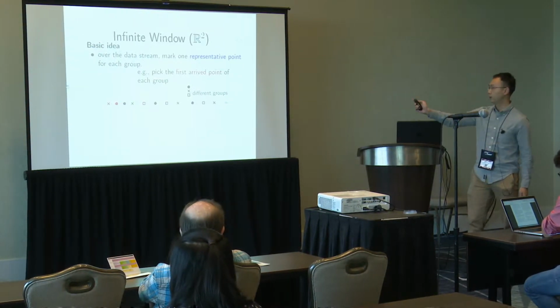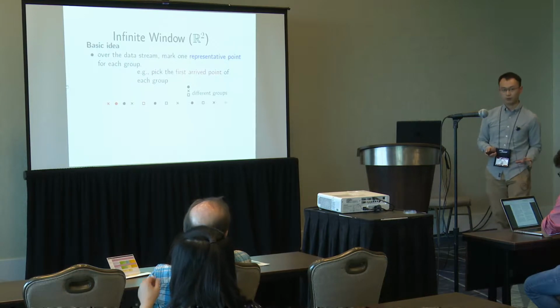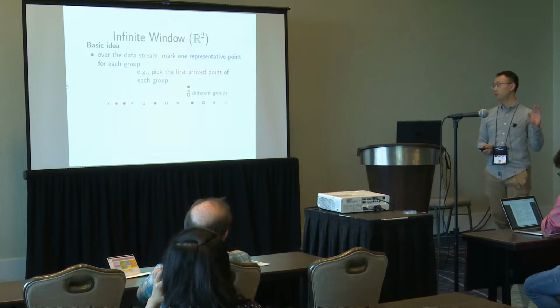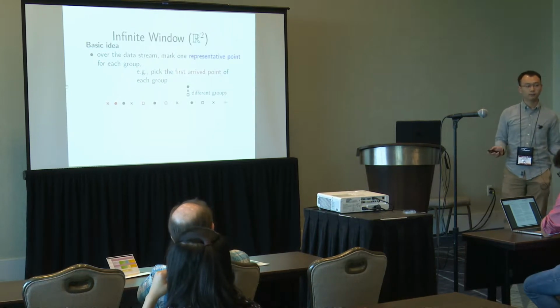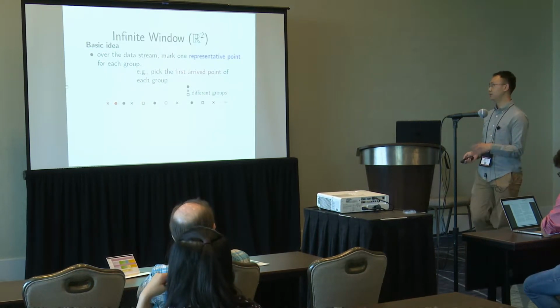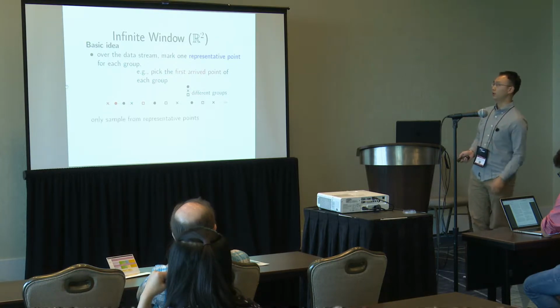Here we have 3 different points. If we can draw samples from those first-arrived points, then we're done, because the groups can be represented by those points.